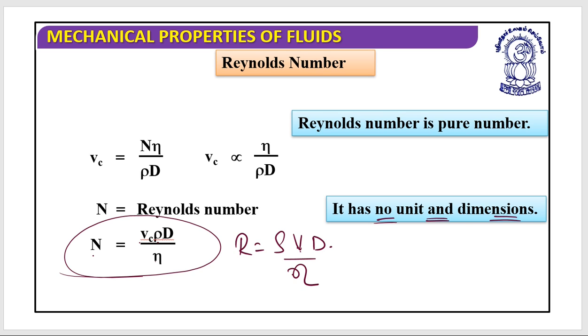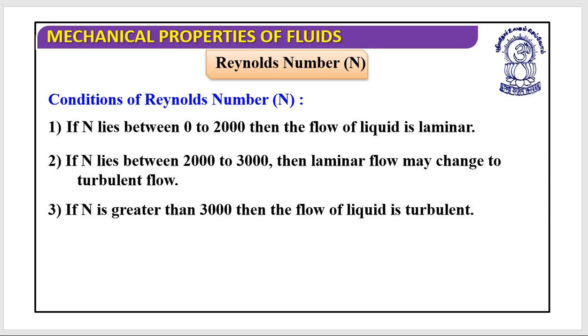So again the question remains: how could I understand whether this flow is a turbulent one or streamline one? I hope you understand the question. By certain experiments, Reynolds has given this: if Reynolds number lies between 0 to 2000, then the flow of the liquid is laminar, or streamline, whatever you call it.